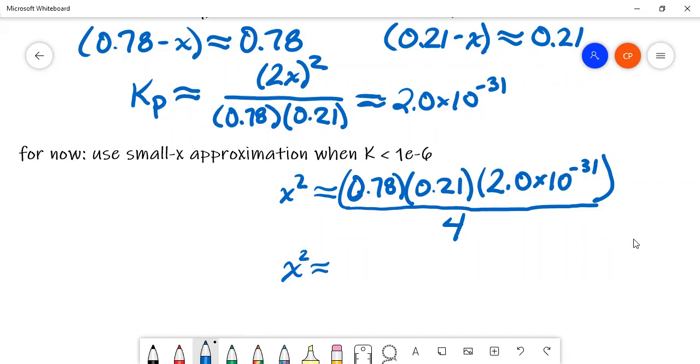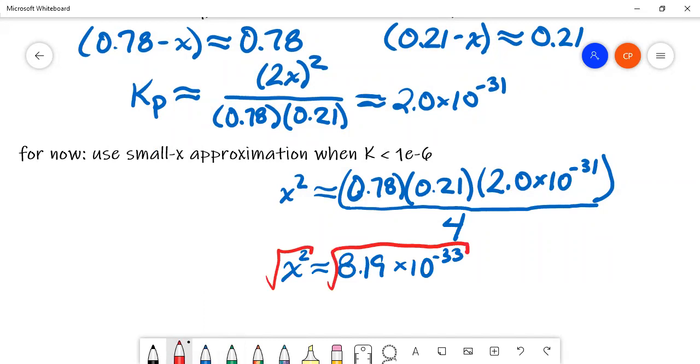X squared is equal to 8.19 times 10 to the minus 33. Take the square root of both sides, and that'll get me an x of 9.05 times 10 to the minus 17.